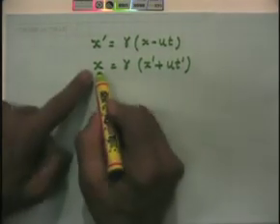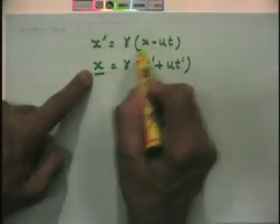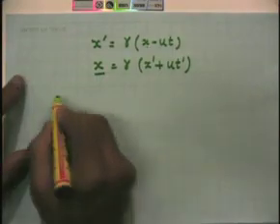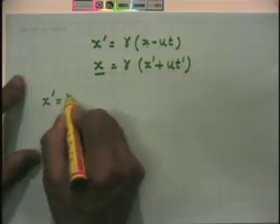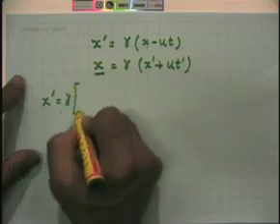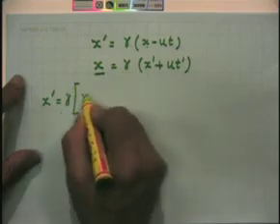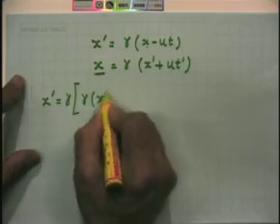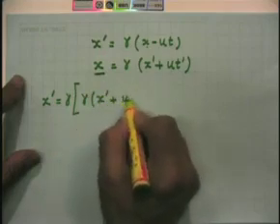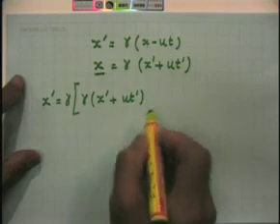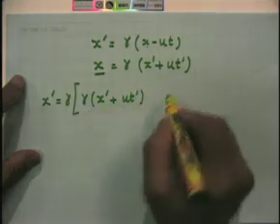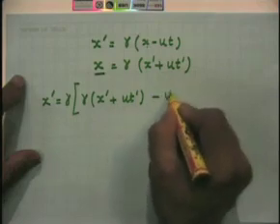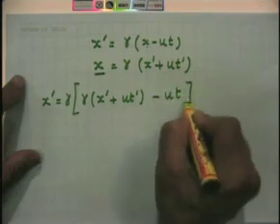So, what I do is I substitute for x in this equation. So, I get x prime, let us do this a little carefully, gamma times x minus u t, and x is equal to gamma of x prime plus u t prime. So, let me simplify.